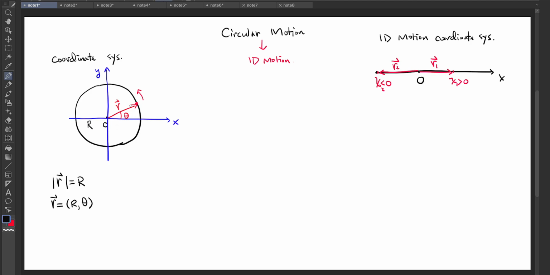And we also talk about the component form for this vector r. So now let's say this point is at the coordinate x and y. Then we can say this vector r is also given by x i hat plus y j hat. And sometimes we just write it (x, y).